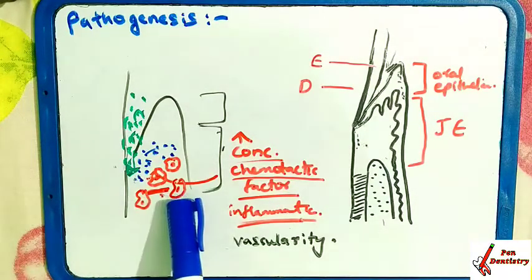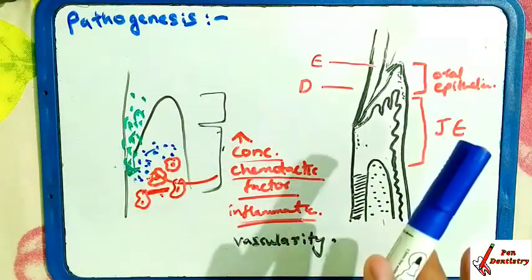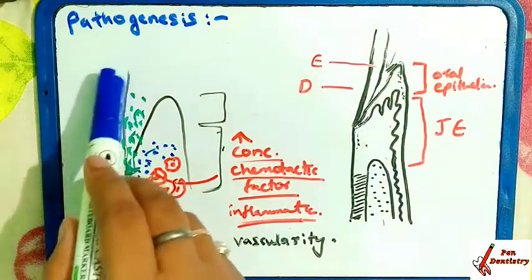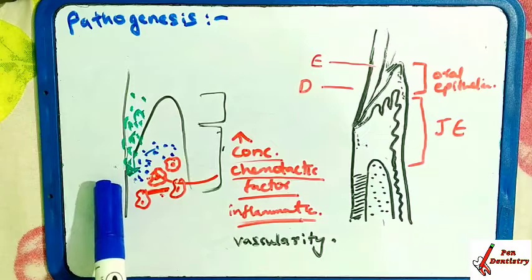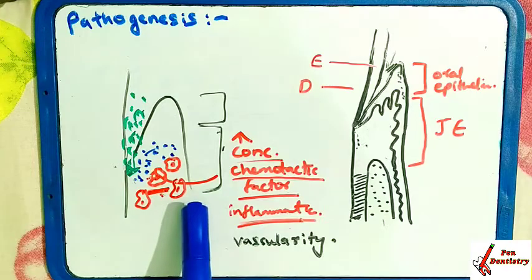Normally at this region, the neutrophils engulf these bacteria and kill all of them. But here the bacteria have increased so much that they are now releasing lipopolysaccharide and leukotoxic agents.